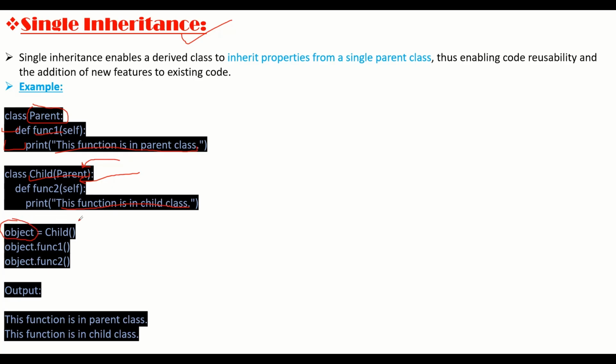So how to create object? As we know, object equal to child class, and then this parenthesis sign. So object dot function 1 and object dot function 2. In this way we can call our methods.